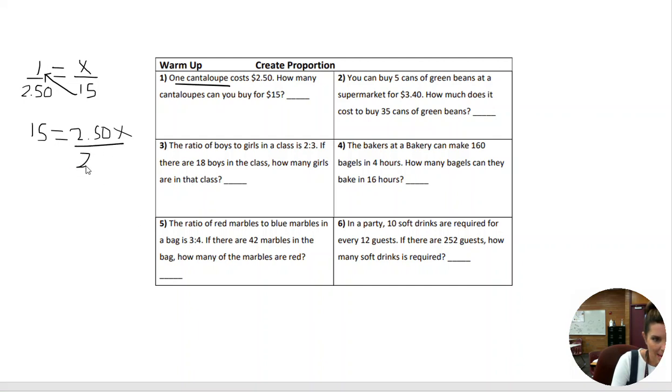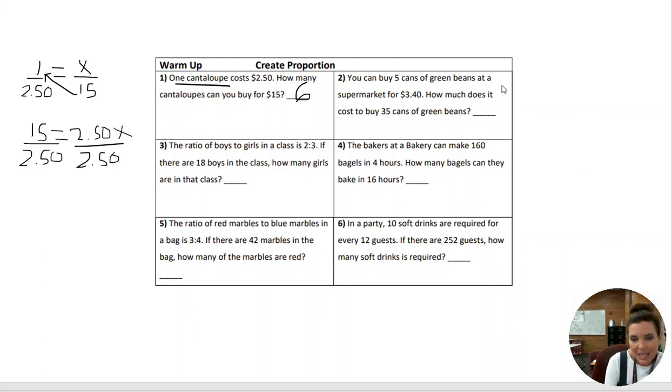So we're going to divide 15 by $2.50. We're going to take 15, divide by 2.50, and we're going to get 6. So if 1 cantaloupe costs $2.50, you can buy 6 cantaloupes for $15. Okay, let's look at another one.